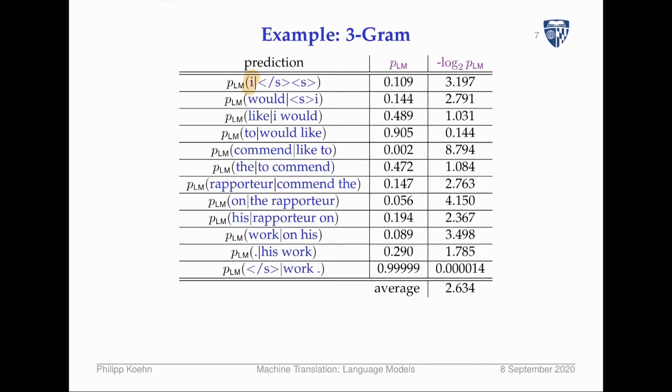And we also have these special tokens, end of sentence and beginning of sentence. Between two sentences, you insert an end of sentence and beginning of sentence. When you predict the first word, you predict it conditioned on that. There's no point in predicting the beginning of sentence, because the beginning of sentence always occurs after the end of sentence. So we predict how likely a sentence is to start with the word I.